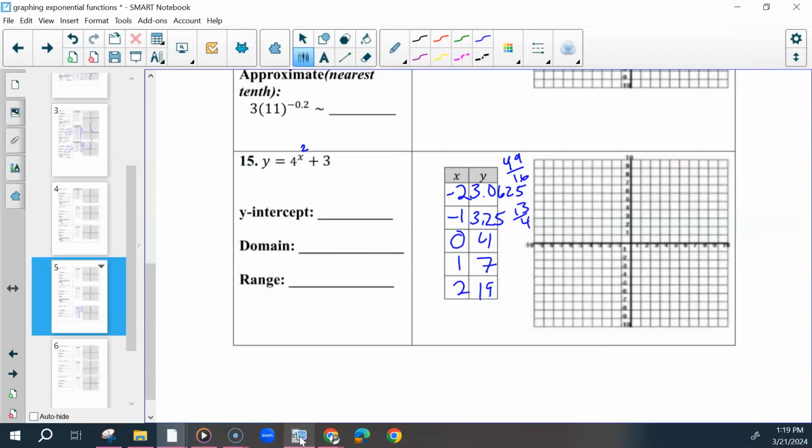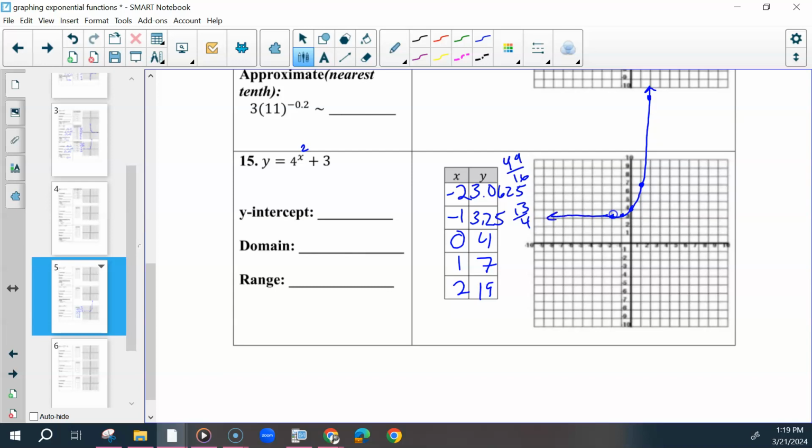And then when I graph that, I'd have -2, 3.06, -1, 3.25, 0, 4, 1, 7, 2, 19, somewhere way up here. So if you were looking in the table, so this line is a little crooked, it shouldn't be going up like that.